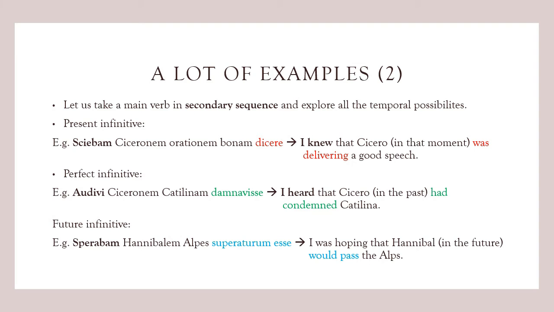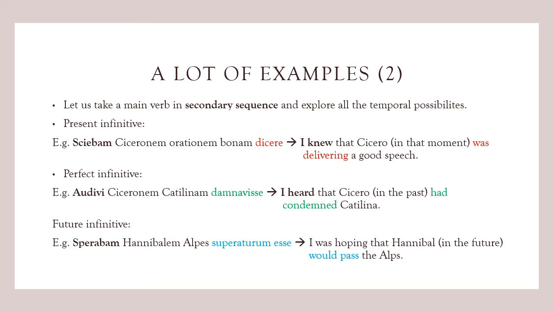We have the subject of the infinitive, Ciceronem, and we have our present infinitive, dicere. So I knew that Cicero, in that moment, was delivering a good speech. So the present infinitive tells you that Cicero delivering a good speech and me knowing that happened at the same time. I knew that Cicero at that time was delivering a good speech.